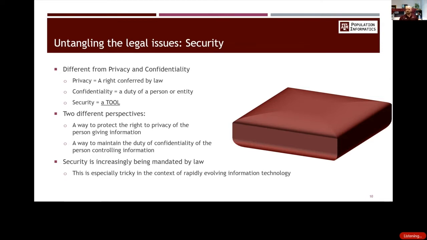And in the realm of information technology, where things are moving at a very, very rapid pace, when laws mandate very specific security standards, those can be outdated quite quickly, much faster than the law can adapt to the changing technology. So it can be quite tricky to understand the specific legal requirements on the security of information.